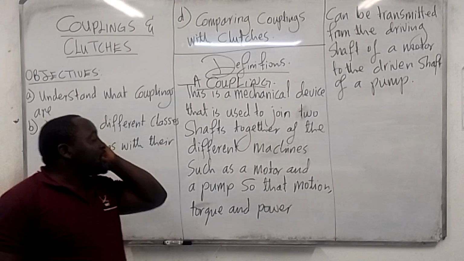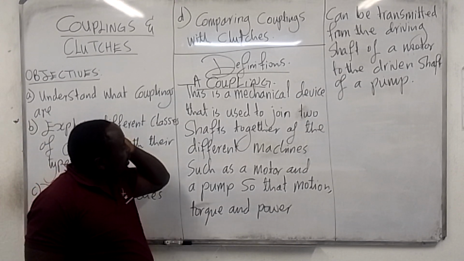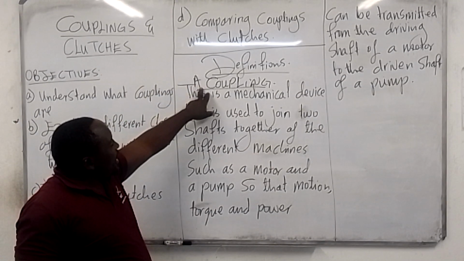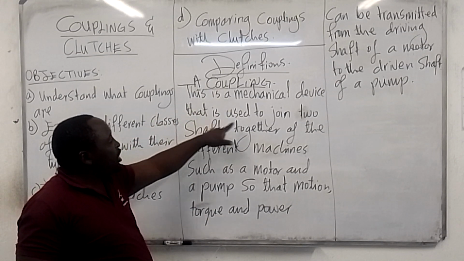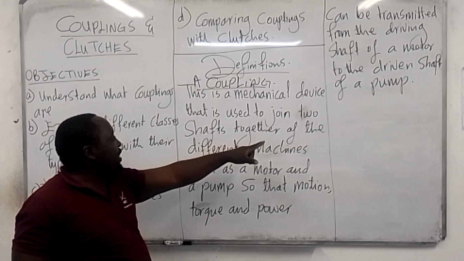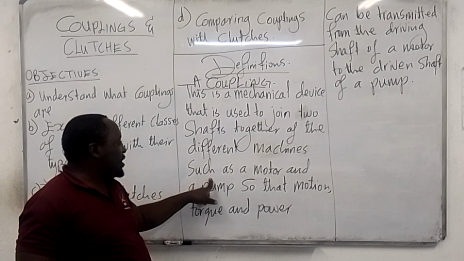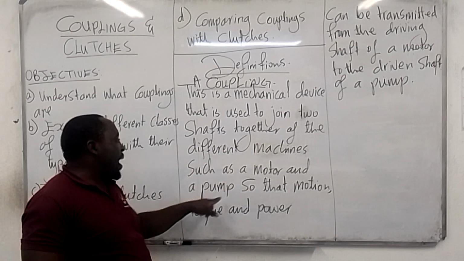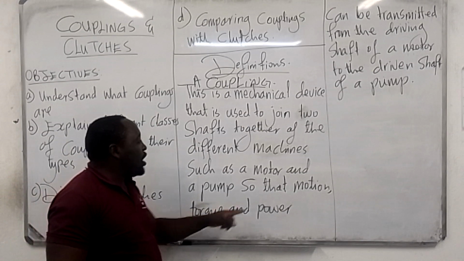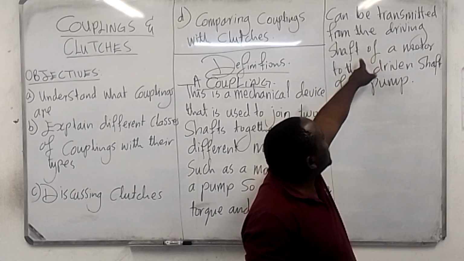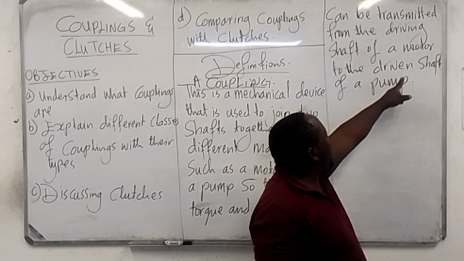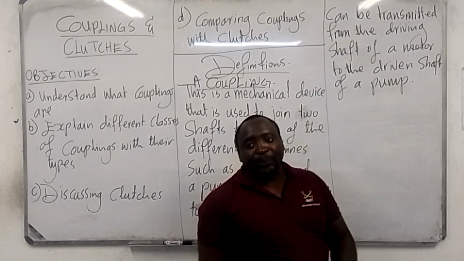Okay, so guys, I was saying a coupling. This is a mechanical device that is used to join two shafts together of the different machines such as a motor and a pump, so that motion, torque and power can be transmitted from the driving shaft of the motor to the driven shaft of the pump.